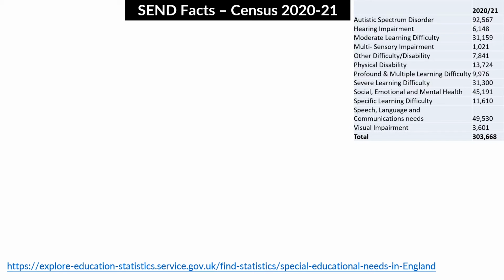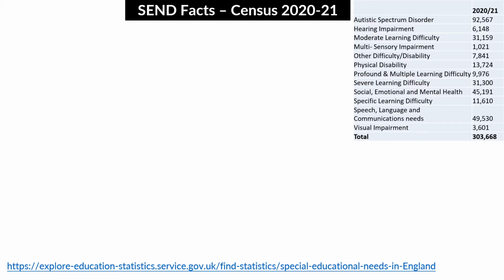If you are a senior leader, head teacher, SENCO, inclusion lead, inclusion governor or SEND link governor, and you haven't had a look at this website, I really would recommend that you do, because it's got quite a lot of interesting presentation of data in various tables or formats, and you can choose your own format.